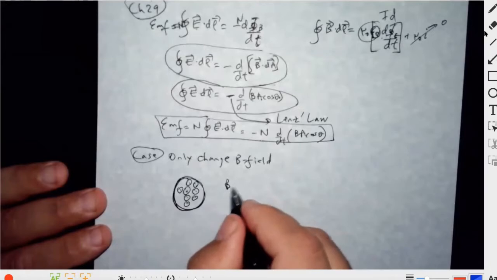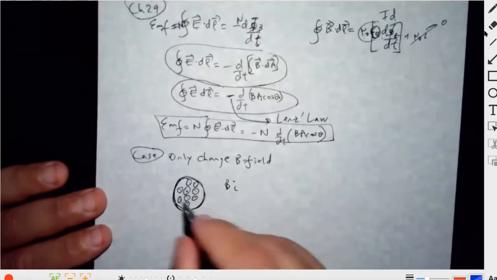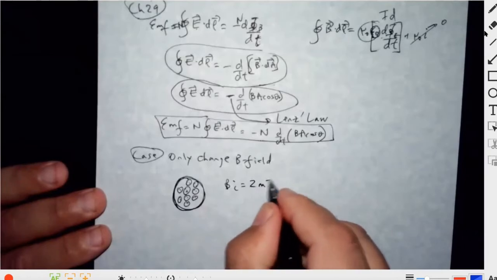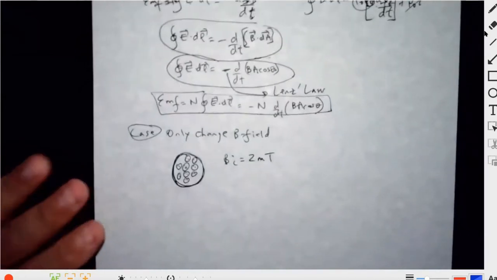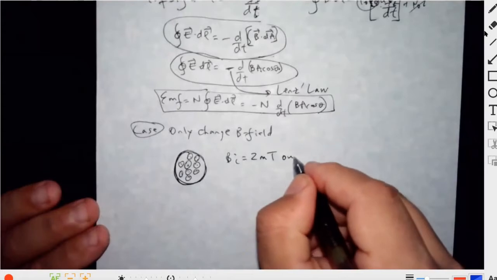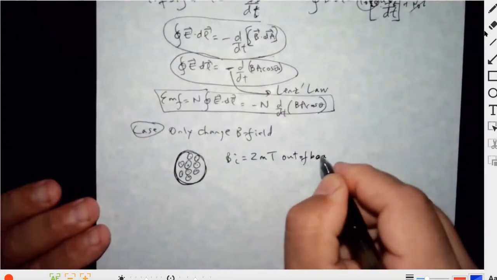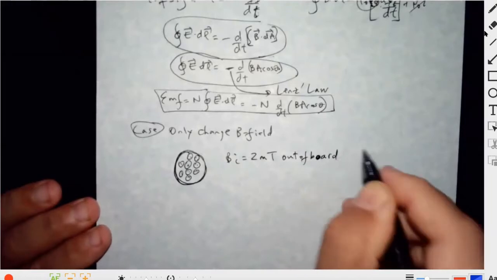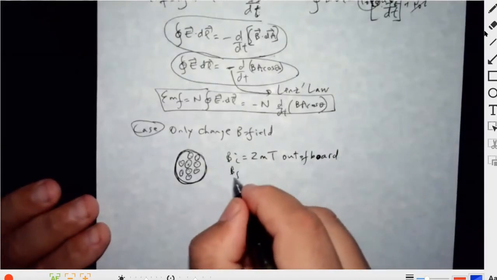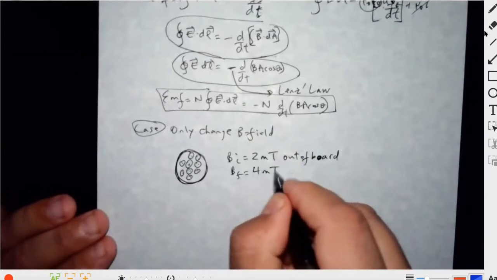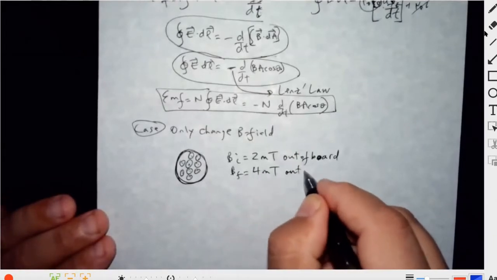Let's say the original B field, B initial, is 2 milliteslas out of the board. Now let's say the final magnetic field is 4 milliteslas out of the board.